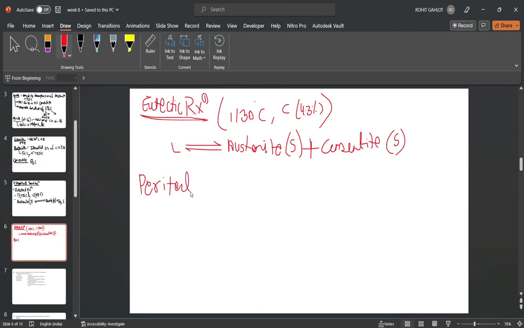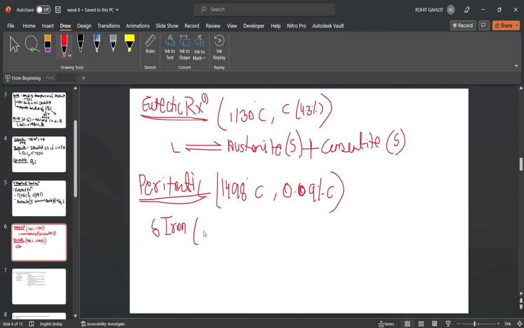And then the third reaction is the peritectic reaction. It happens around 1498 degrees centigrade. The carbon content is around 0.09% carbon.